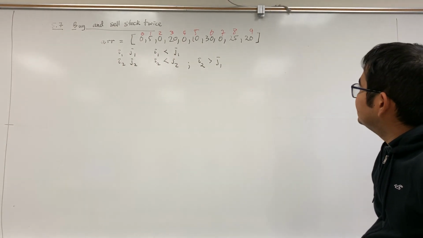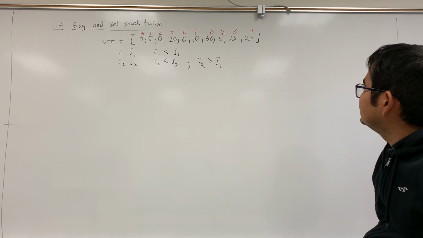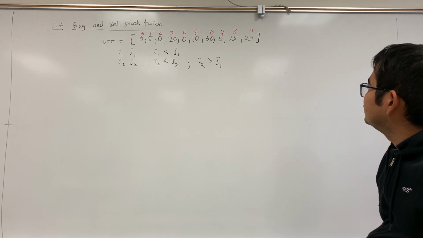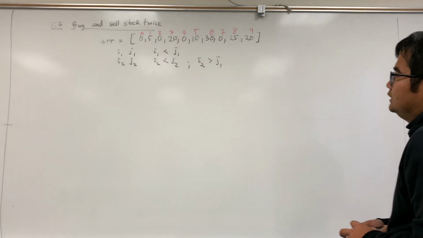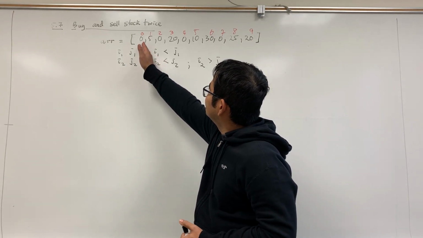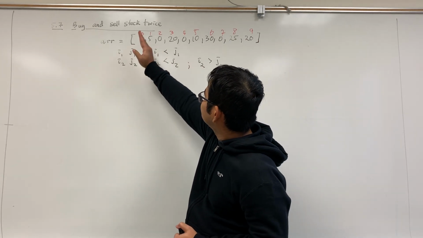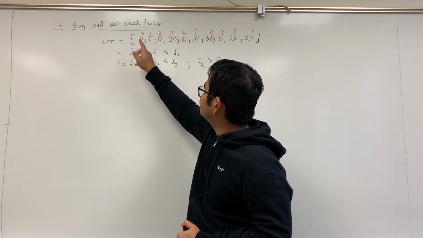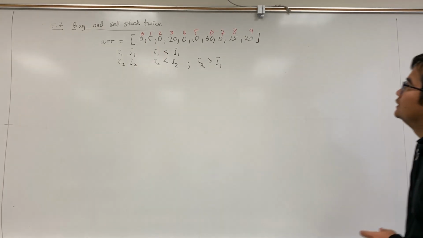So how do we do this? This is tricky. In the case that we can only buy one stock and sell one stock, we would basically try to find the current minimum at each stage and then subtract it from the price at that stage.